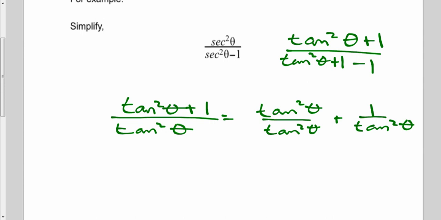Okay, so simplify this. This here is 1, right? So this is 1 plus, and what is this? This is going to be a reciprocal identity.